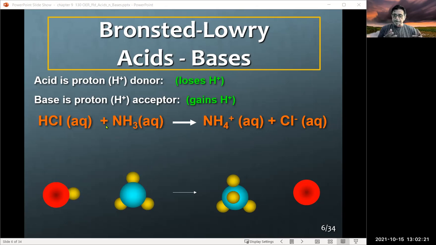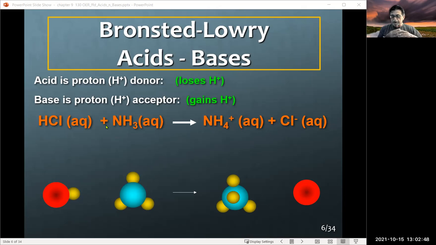So hydrochloric acid, HCl, is an acid. It is a covalent compound, and previously I did mention that covalent compounds, when put in solution, do not dissociate, except for acids. So acids are the only covalent compounds that dissociate when placed into an aqueous solution, a water solution, and they produce a proton.